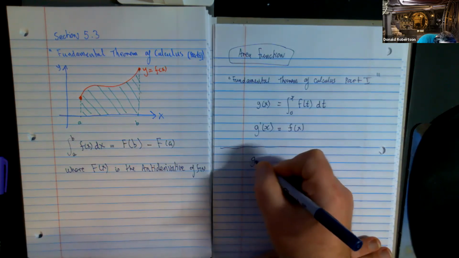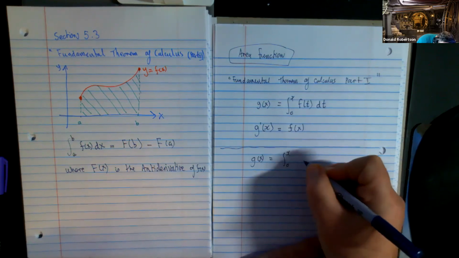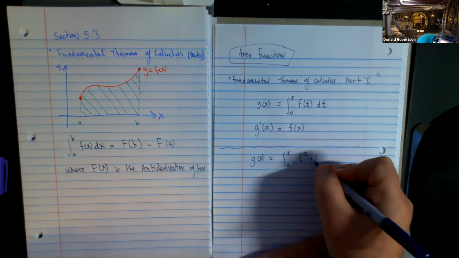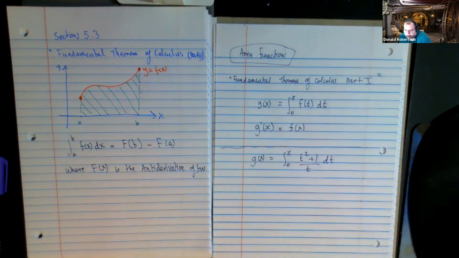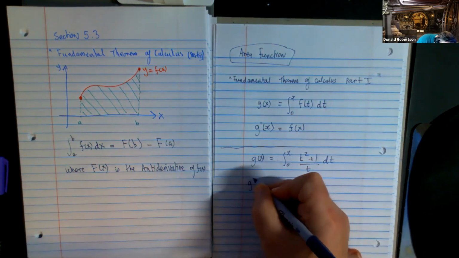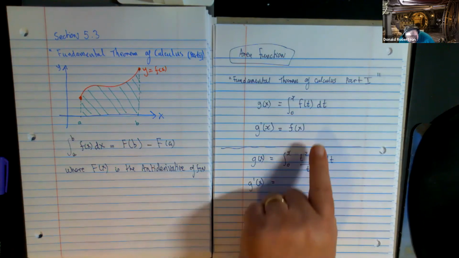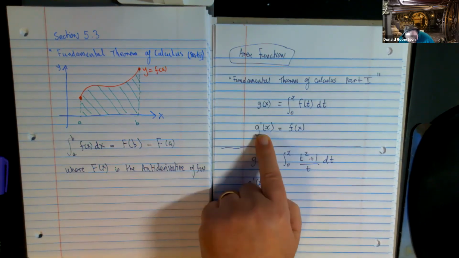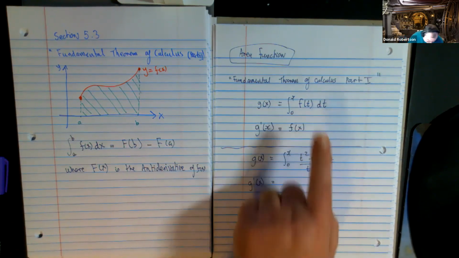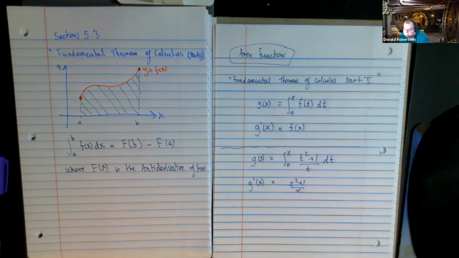It's so easy, at least the ones you're going to see, you are going to talk yourself out of the answer. Take that guy, for instance. You're going to be asked to find what the derivative is. Well, according to the fundamental theorem of calculus part 1, the derivative of this area function is just that guy with an x. So it is x squared plus 1 over x.